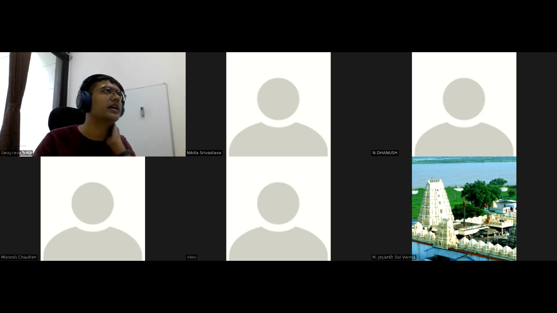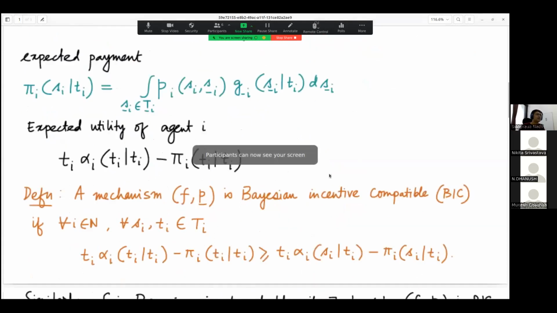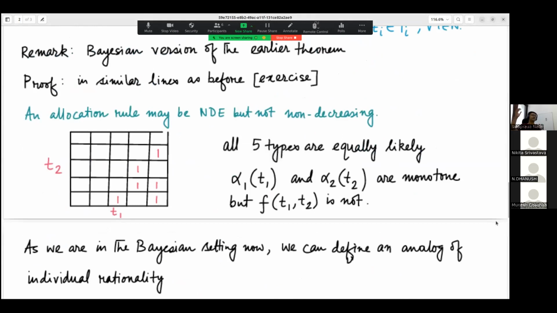Now you can see this figure, where the ones represent the object allocation to agent 1 and the blanks represent the object allocation to agent 2. This example here, right? Yes, sir, exactly this.